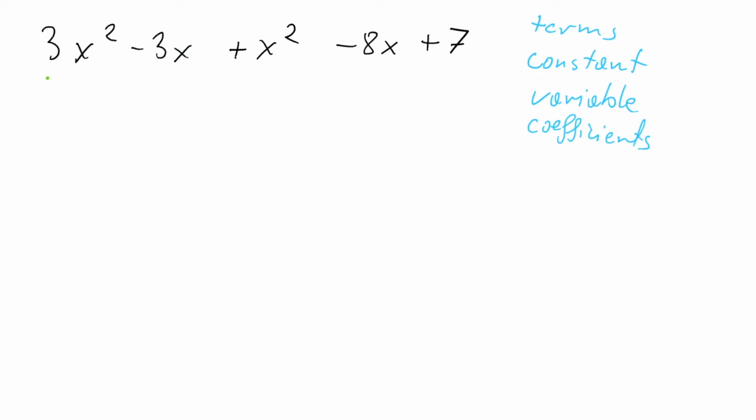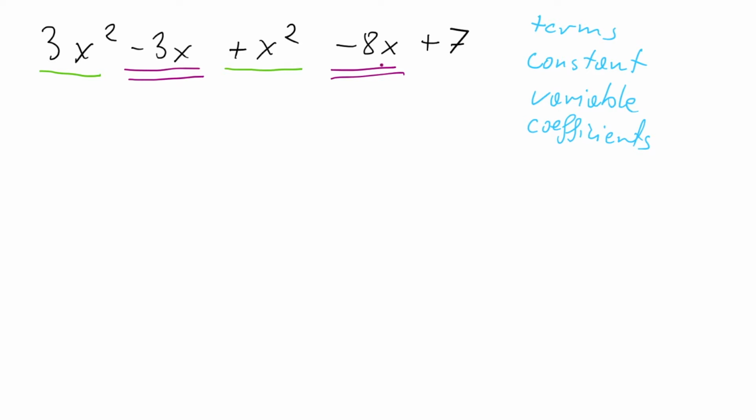Like terms are terms that have the same letter and the same power. So 3x squared and plus x squared are like terms. In the same way, minus 3x and minus 8x are also like terms.